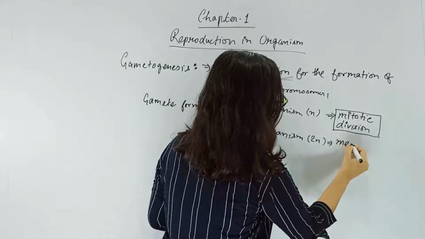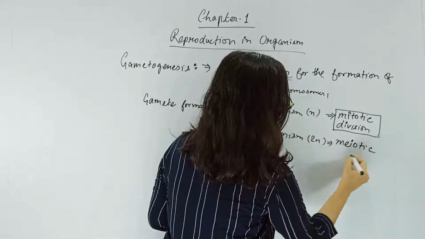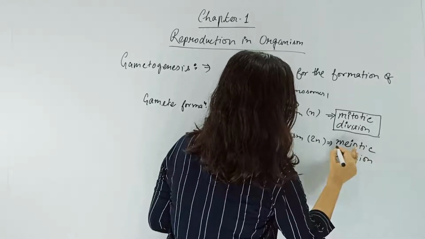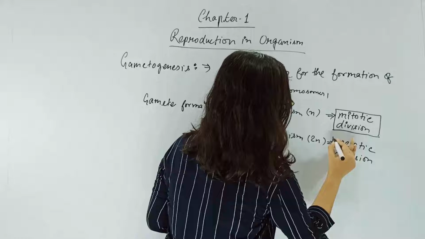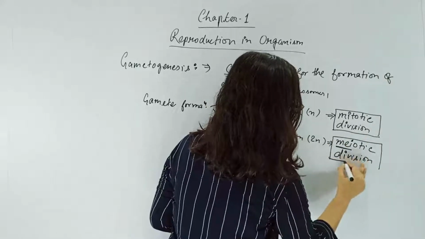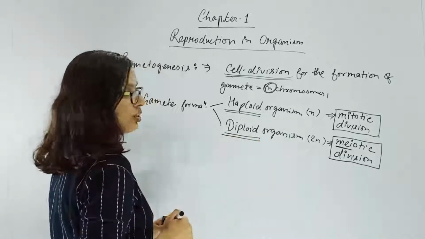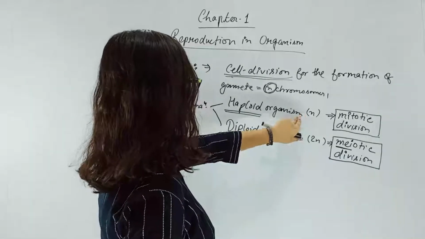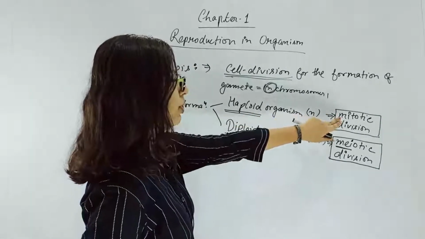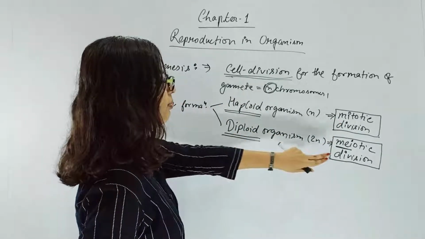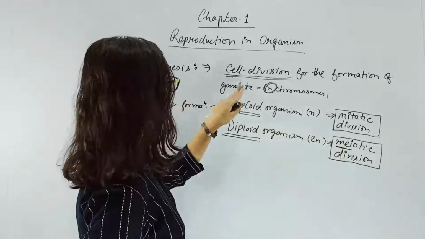It will be meiotic division. Meiotic division will take place in case of diploid organism. So this way, in the haploid organism, the gamete is formed through mitotic division, and in the diploid organism, through meiotic division, the gamete will form.